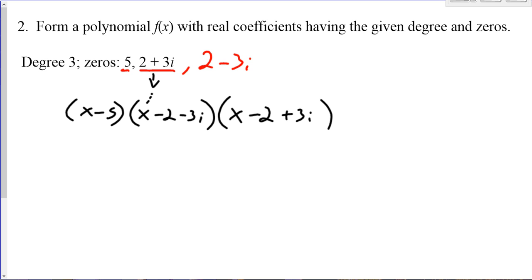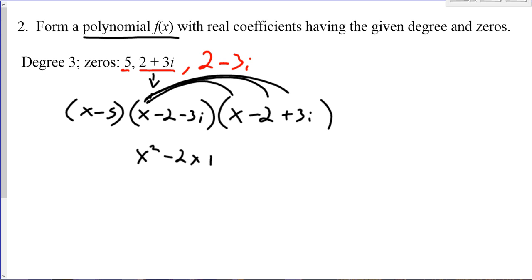Okay, so now that I have my 3 factors, I need to multiply this across. To get this as a polynomial, I want it in standard form. So x times x, I get x squared. X times the next term, I get negative 2x, and then plus 3xi.